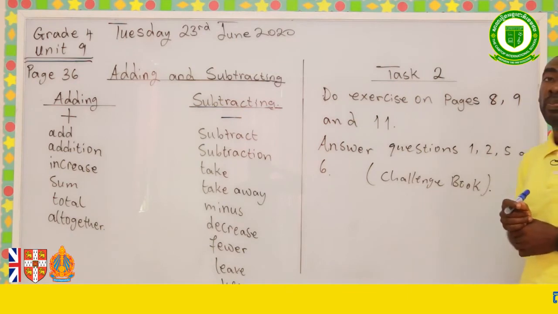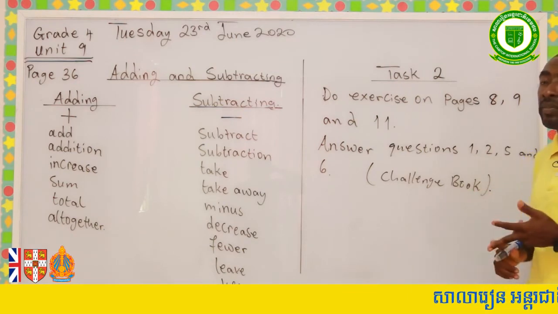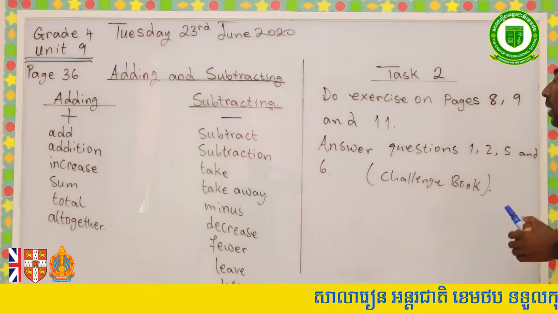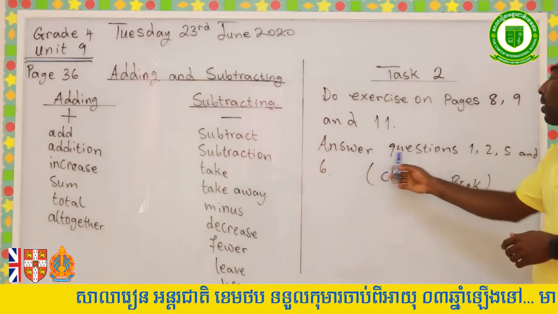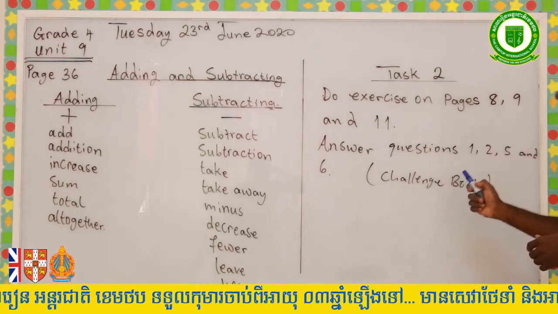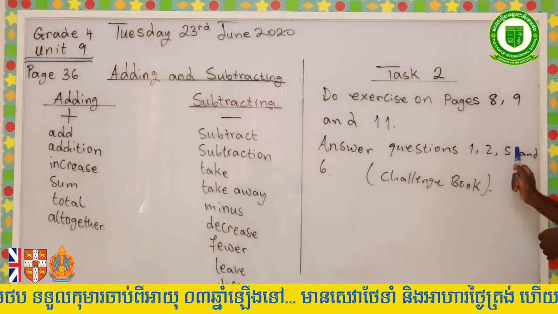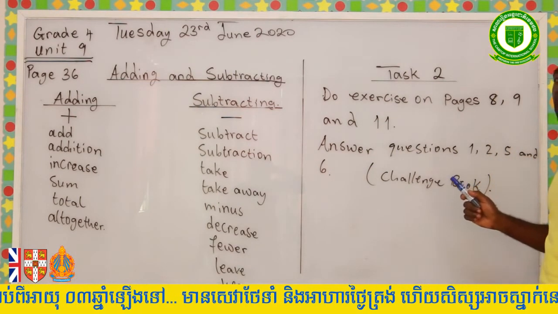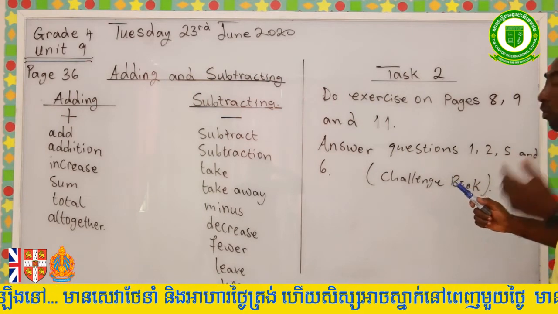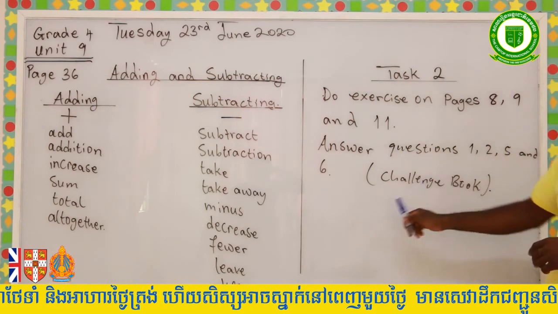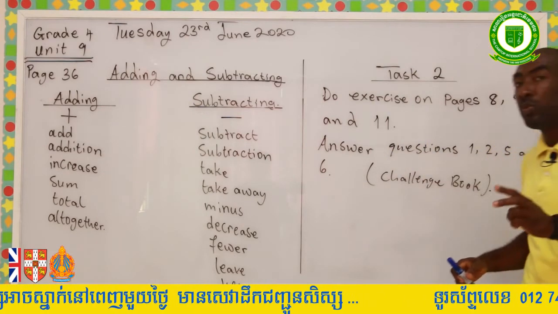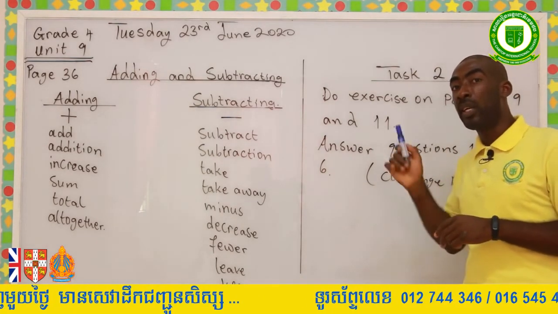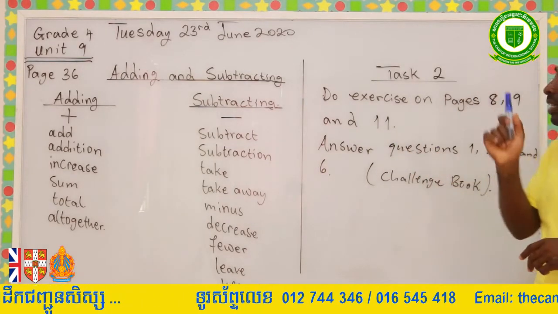You are supposed to answer questions 1 and 2, skip 3 and 4, and go to 5 and 6.